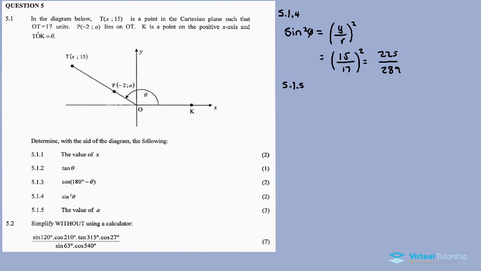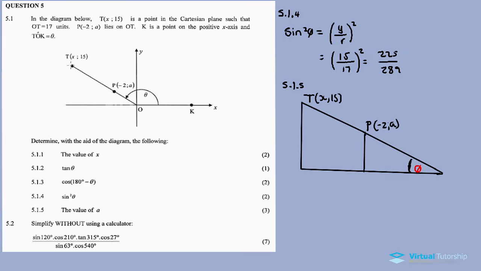This sketch is the same as this arm OT. This is O, this is T, and here is OP, and here is P. We do have the value for x, which is minus 8. So look at this triangle OP, this triangle is proportional to this triangle OT. When I say they are proportional, I mean they are similar triangles.